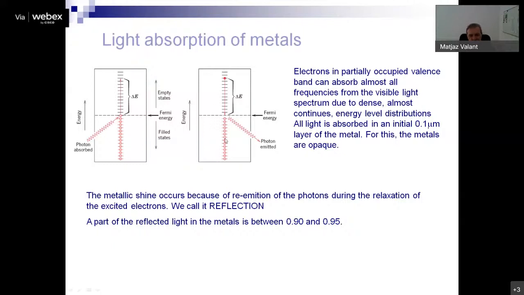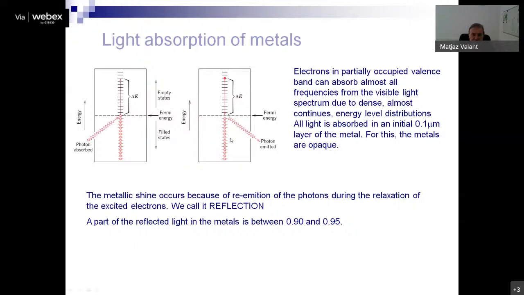So all photons, regardless of their wavelength or energy, will be absorbed in an upper layer of the metal, just maybe 100 nanometers of the metal. And of course, for that reason, no metal is transparent.